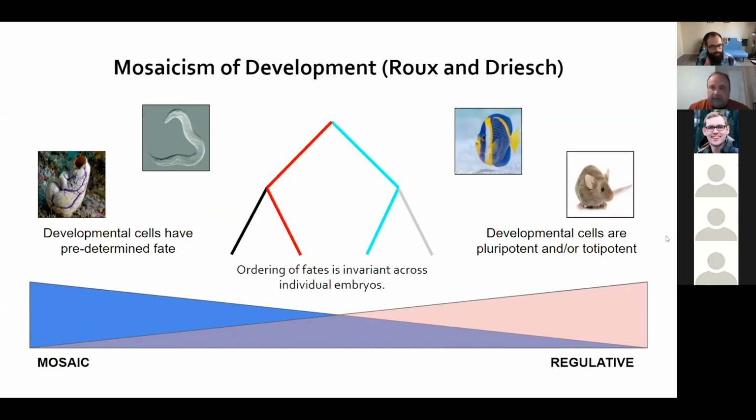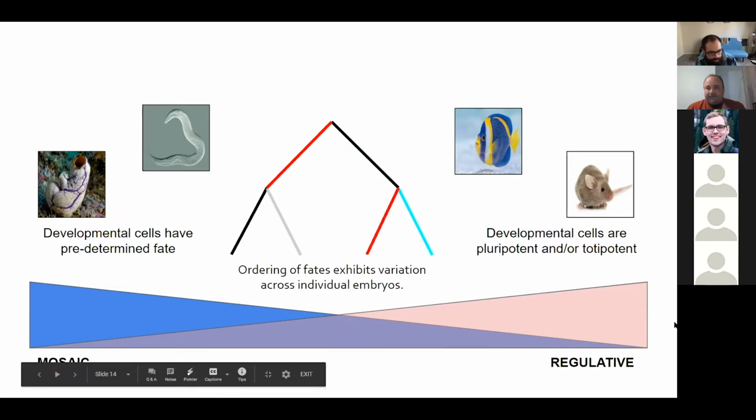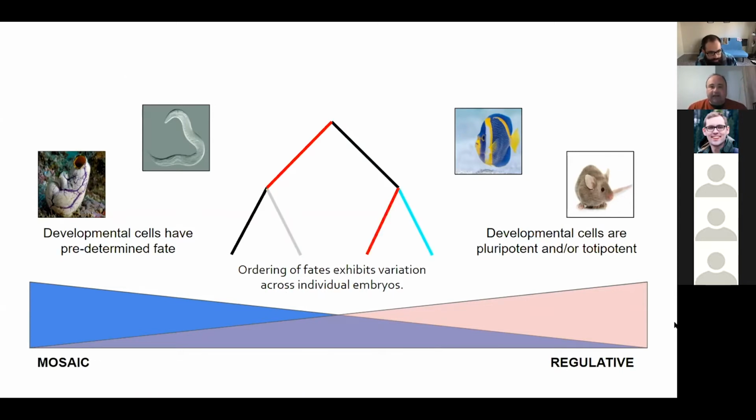On the other hand, you have regulative organisms, like fishes or mice, and they have a highly variable lineage tree. So cells are regulated by chemical signals, by morphogens and things like that. And they take on fates depending on the embryo. So every embryo you look at is slightly different in terms of its distribution of cells and what they become.